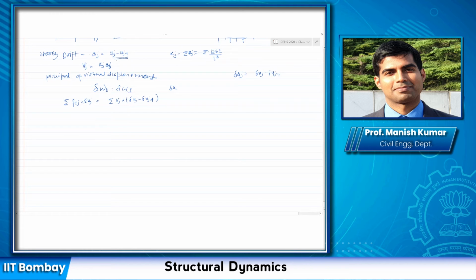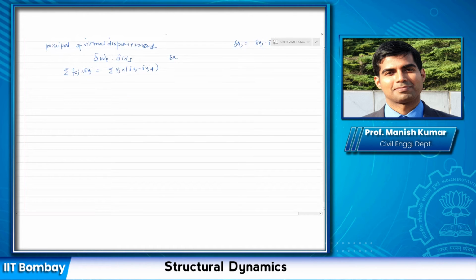So all we need to do is to substitute the equations that we have derived. If you remember, my uj is nothing but phi j times z. Okay, del uj would become phi j times del z. Okay, so let us substitute this here. This would be equal to minus, I'm going to write the Fij as mj, and total acceleration would be uj double dot plus ug double dot times del uj, which would be equal to phi j times del z.